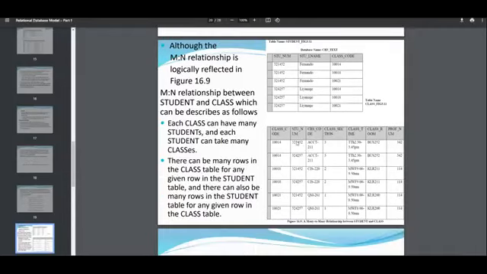Then this one, the class code and related information, seems like the class table. The relationship has been built using a foreign key, that is the class code, right? Class code is common here. This works as the foreign key here, and this works as the primary key here.